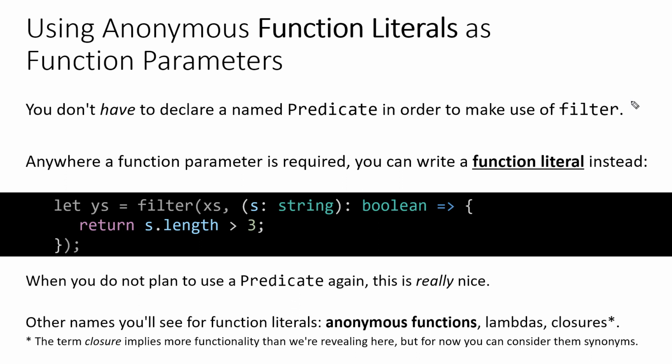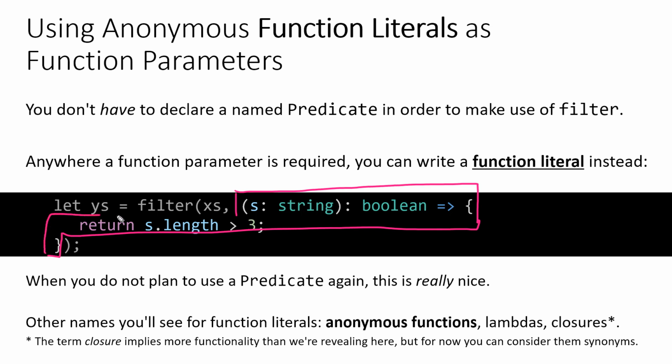It turns out we don't have to. We can simply write that same line we saw before. If we had a variable list named xs, a list of strings, we can filter it by writing a function literal, meaning we're literally writing a function definition as a parameter to this filter function. And I'm outlining it in pink, right?